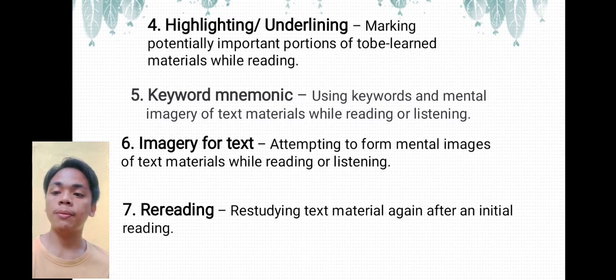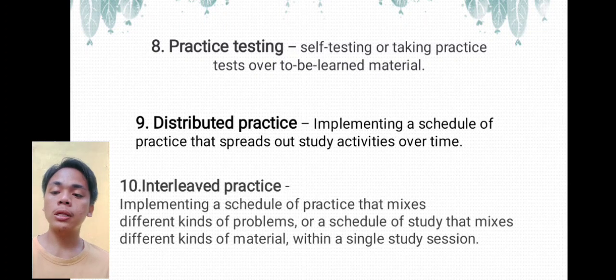Number seven, the rereading. Restudying text materials again after an initial reading. Rereading is one of the techniques that students most frequently report using during self-regulated study. Number eight, practice testing. Testing or taking practice tests over to-be-learned material.